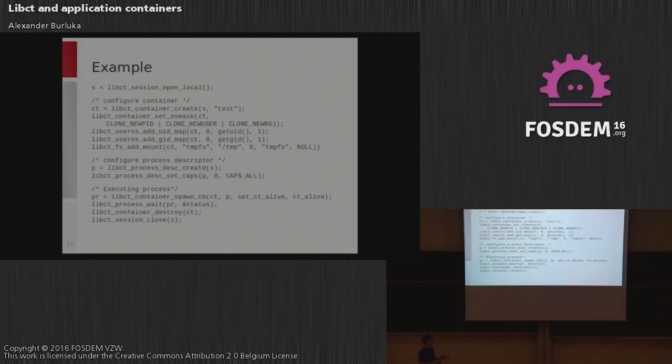Then you configure the user namespace and temporary file system, so your test container won't be able to get to the host system /tmp. Then you configure a process which you want to execute in there. Then you start it and wait for its end. And the last lines are only cleanup. It's absolutely simple, I think.